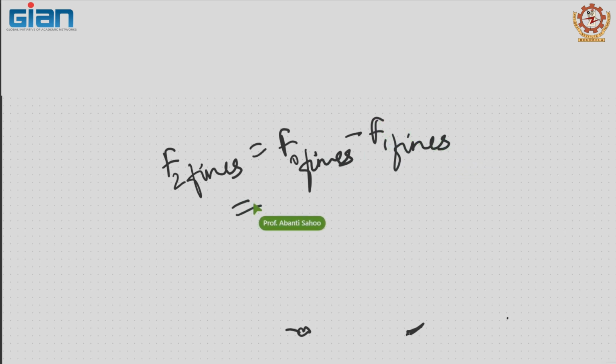So, this is coming 0.9 minus 0.1, which is 0.8 kg per minute.